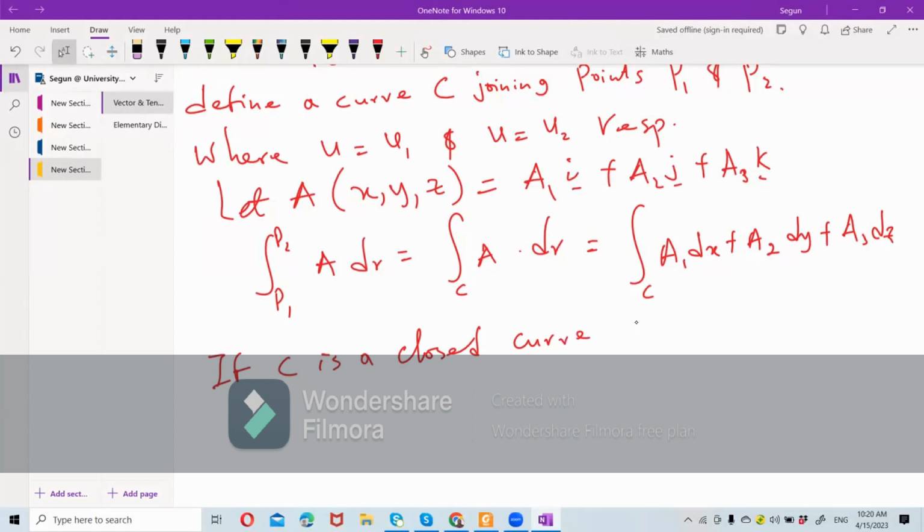If C is a closed curve, we have the closed integral of A dot dr, which is the same thing as the closed integral of A1 dx plus A2 dy plus A3 dz. Now, can you please tell me why we don't have i, j, k again?